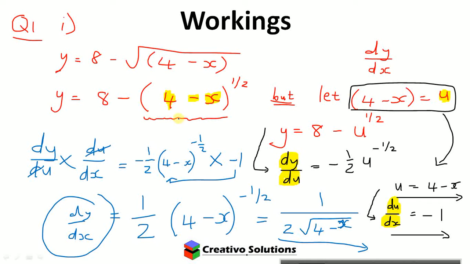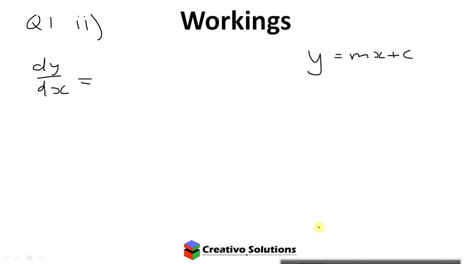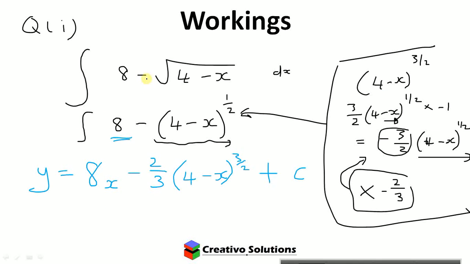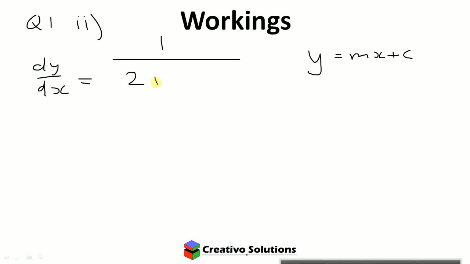Where did we write it down? Here it is. So dy over dx in this question was 1 over 2 root 4 minus x. That's what we've got, you have the derivative, f dash x.